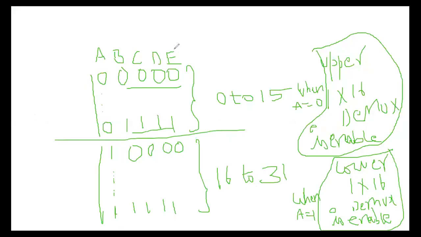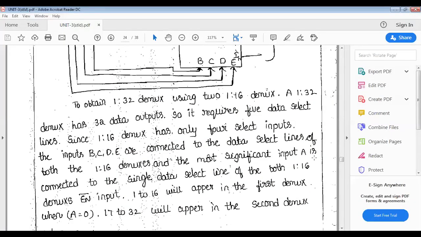E is the least significant bit and A is the most significant bit. It's MSB, and this one is LSB. The most significant input A is connected to the enable input of the demultiplexers. But here you see enable is a bar.